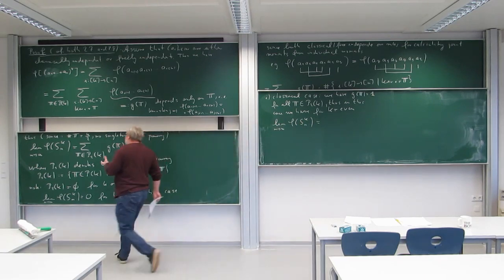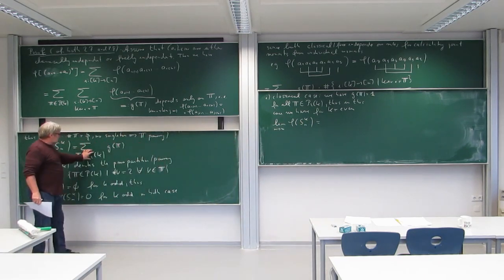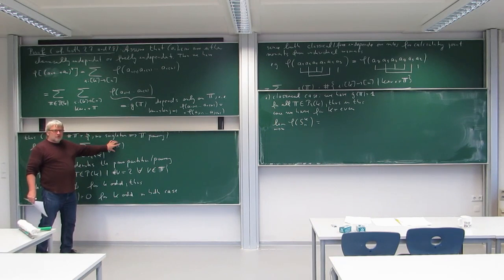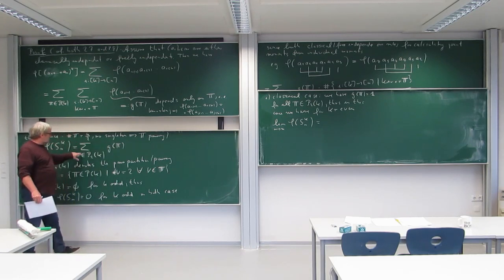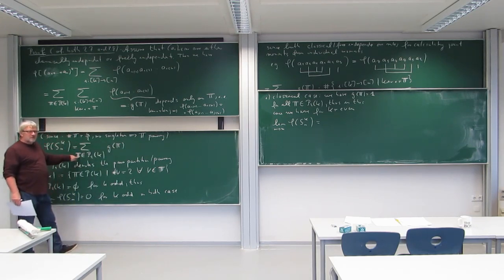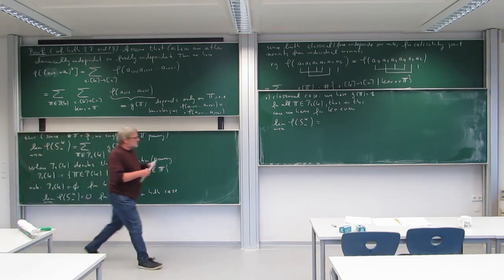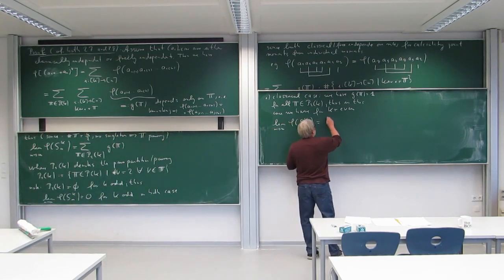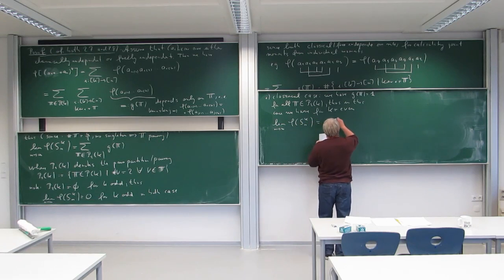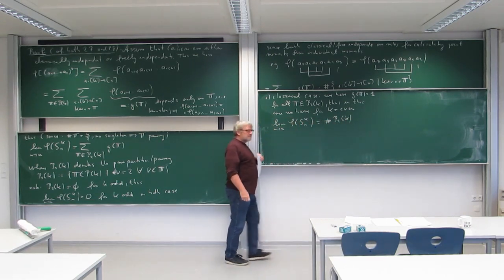So we have to sum over all pairings, and then each pairing gives us a contribution g of pi, but for each pairing this is 1. So we are just summing over 1 for each of the pi's here. But this means we are just counting how many elements we have here. So this limit here is nothing else than the number of elements of P2 of k.